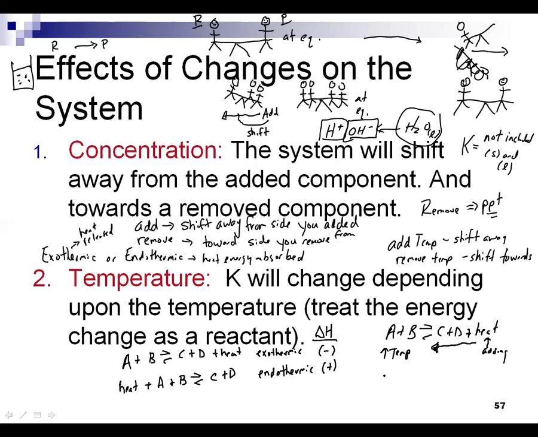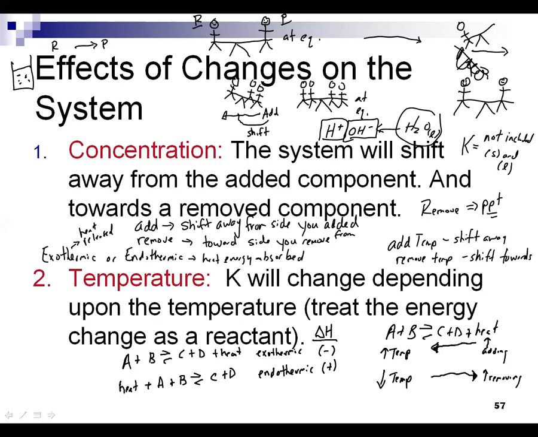And vice versa, if I decrease the temperature, that is like removing it here. And what it would do is go towards the side I removed it from, and it would shift to the right. Endothermic would be pretty much the opposite of that.